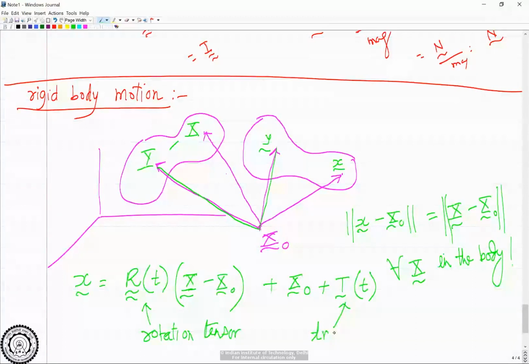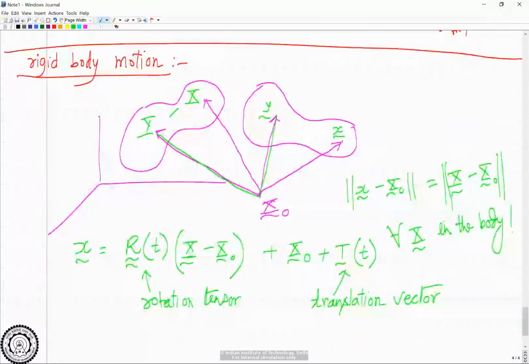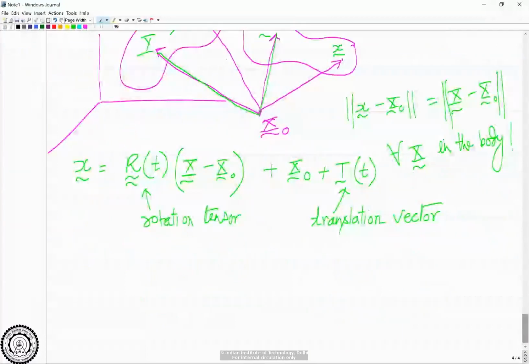And notice that both rotation and translation vector are independent of capital X. If they depend on capital X, then different points in the body will be rotating or translating differently, and then it's not a rigid motion. Okay? Now, can we try to find out what will be the deformation gradient for this particular case?